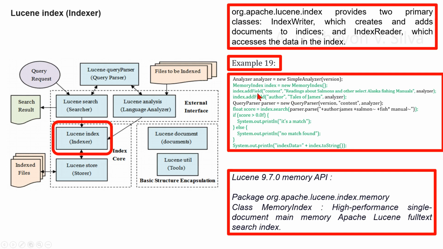Note that the Lucene query selects on the field names and associated indexed tokenized terms, not on the original full text. The latter are not stored but rather thrown away immediately after tokenization.